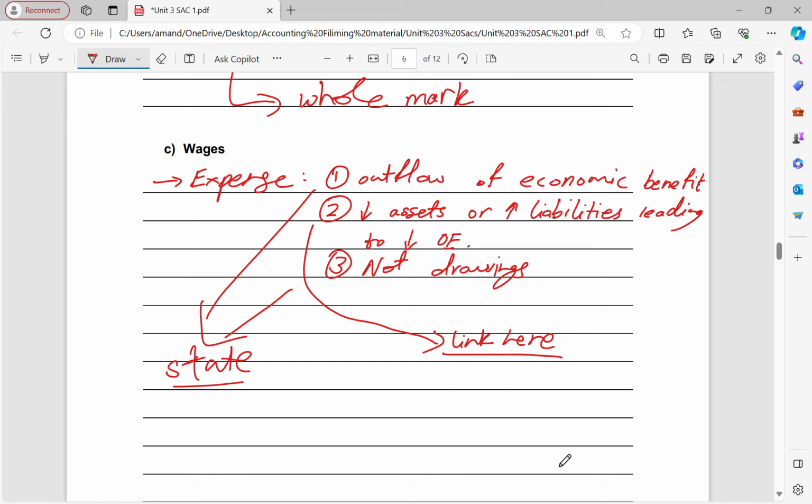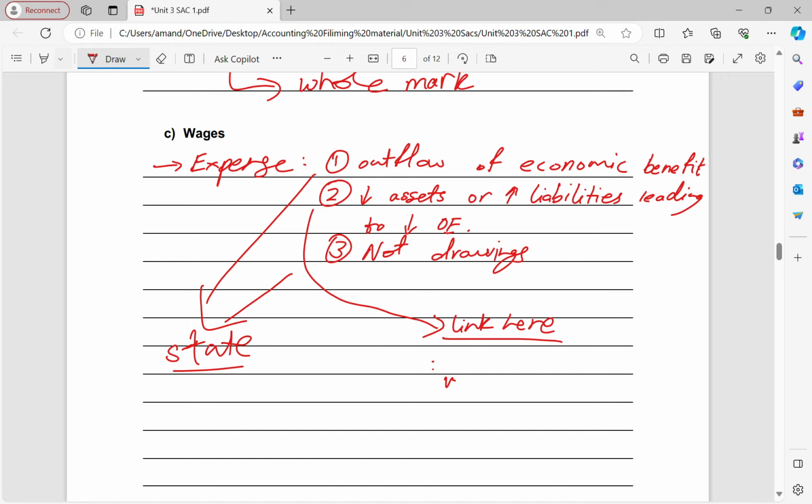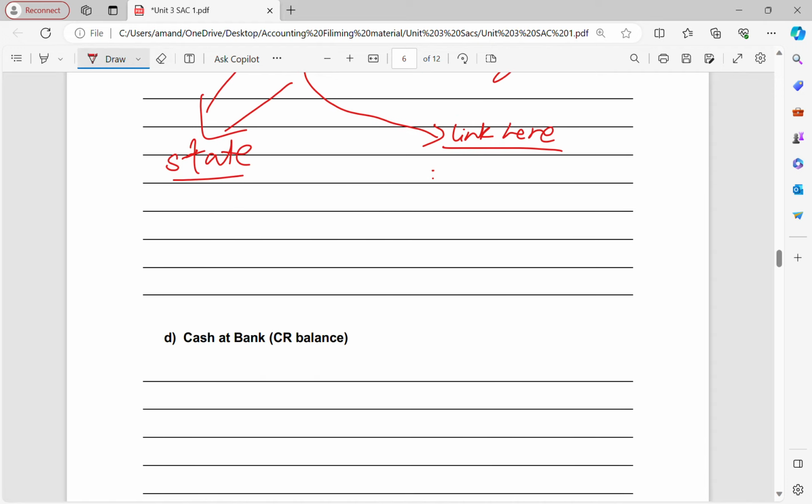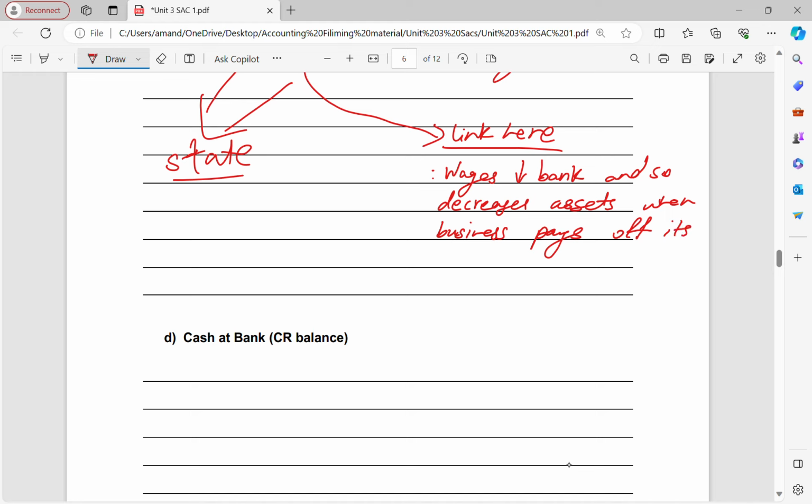So in wages, we just say wages will decrease bank, and so decreases when the business pays its employees. Something like that should do.